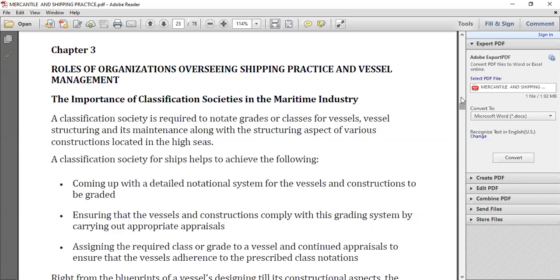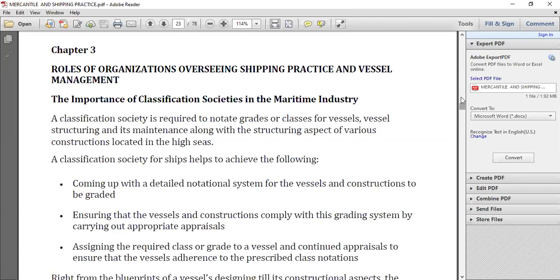We have various organizations which are concerned with the management of shipping, or ensuring that shipping operations are performed in the right way. One of the areas we are going to look into is the importance of classification societies in the maritime industry.